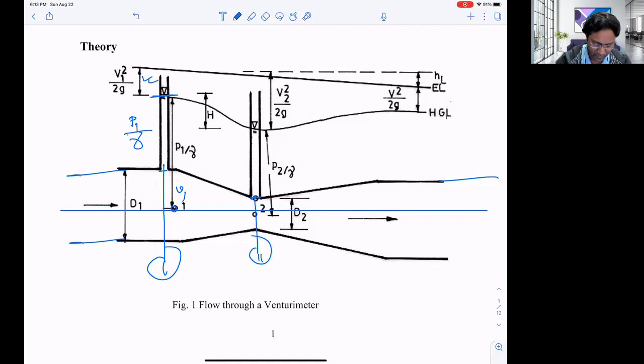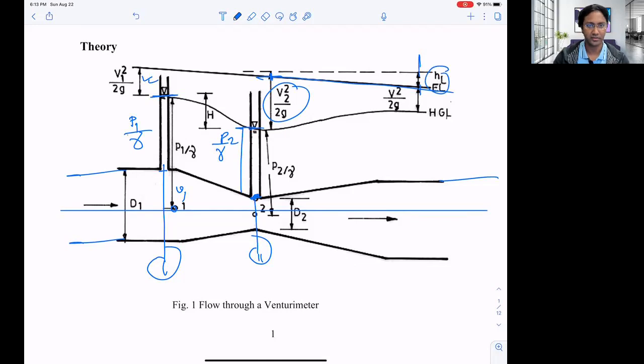And then at section number 2, it is basically P2 over gamma. If we add the velocity head here, we are getting the total head at this point. We're just extending this line. And still you can see there is a difference between these two lines. It is called head loss.